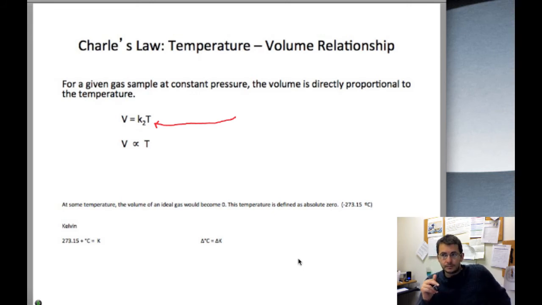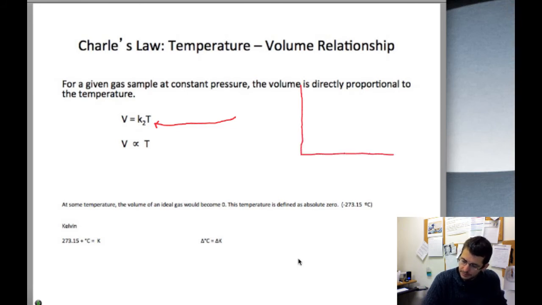Now, there's a hidden little bit of information in here. If you take a look at the temperature and you just slowly increase the temperature, and then you observe the volume as a function of temperature, you'll see that the volume goes up in a regular fashion.